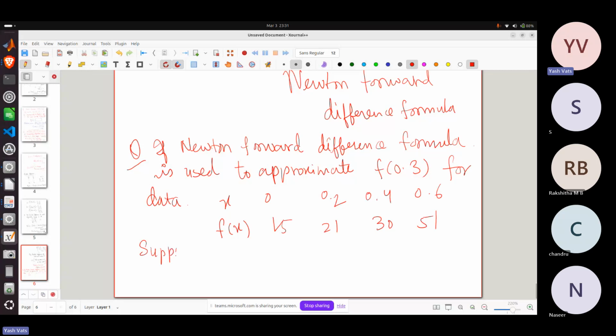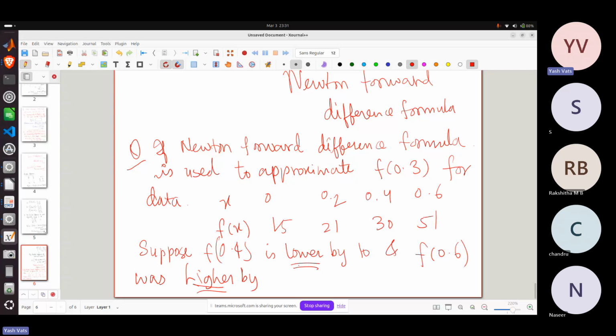Suppose f(0.4) is lower by 10 and f(0.6) was higher by 5, then the f(0.3) approximation changes by what?